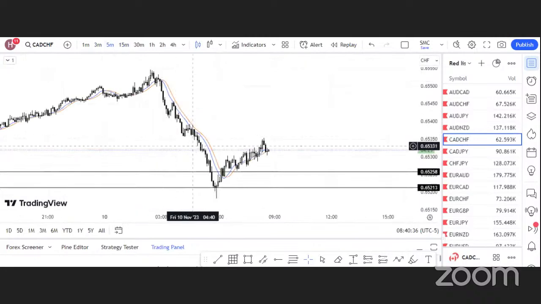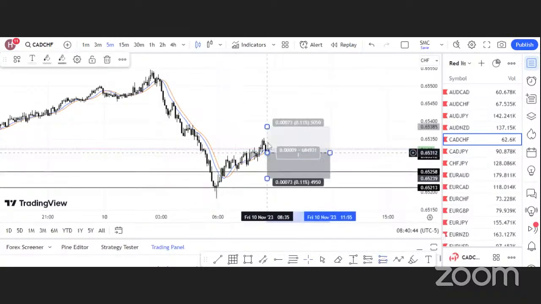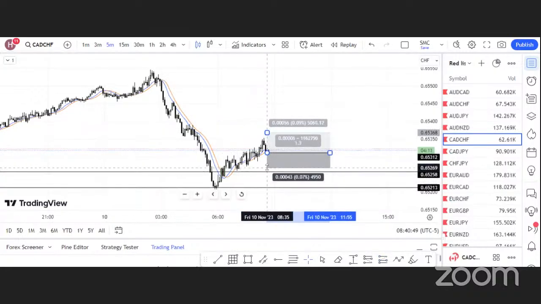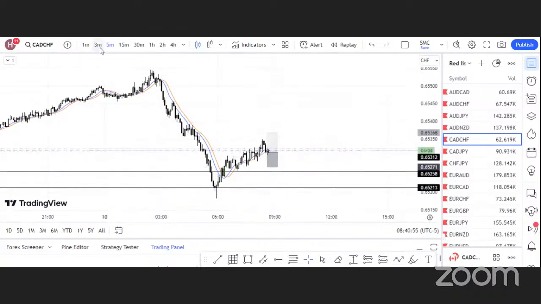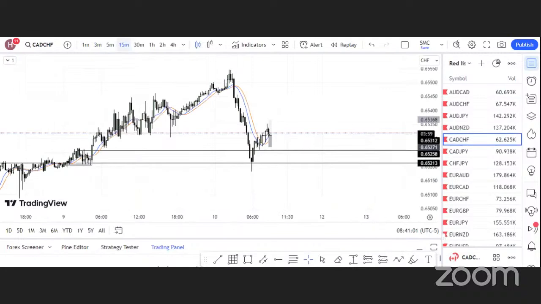All right, CADCHF. Let's see if we can buy this. Okay, CADCHF. Let's buy. All right, buy CADCHF.